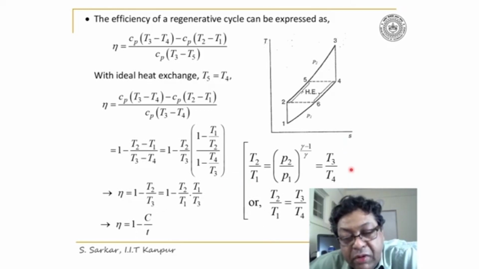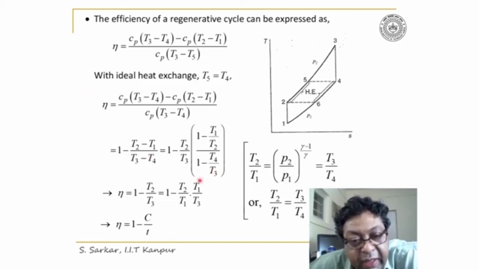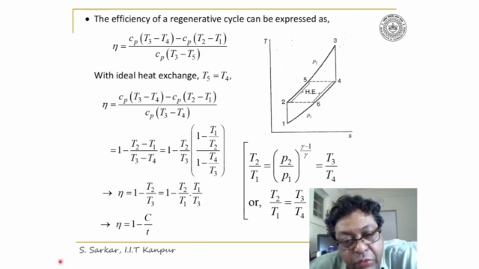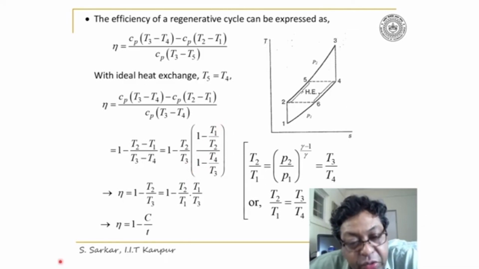P2 by P1 is considered as the pressure ratio of the cycle and expressed as r. Thus, T2 by T1 is equal to T3 by T4.